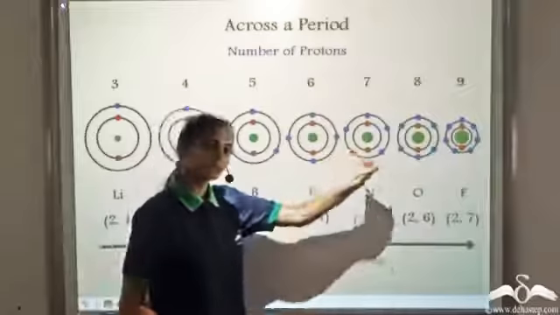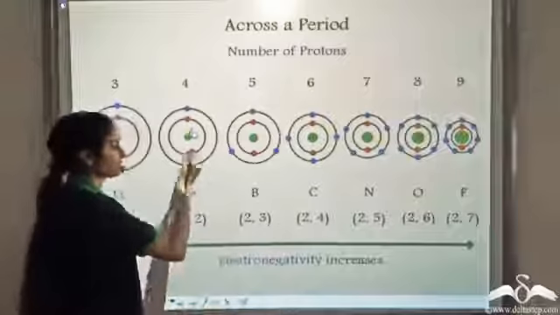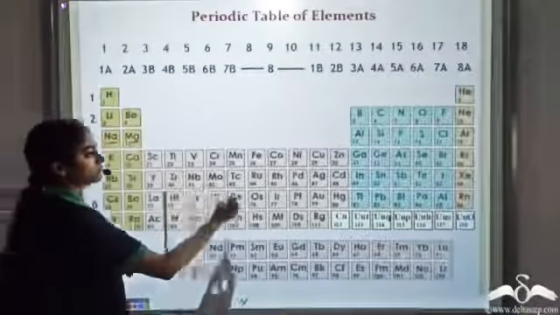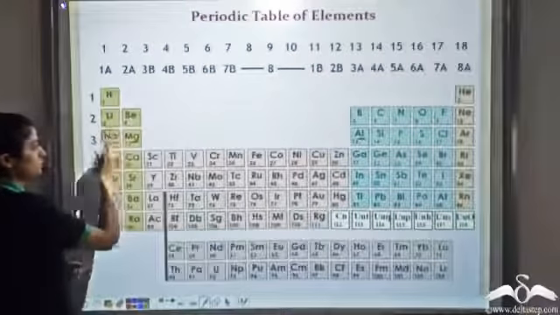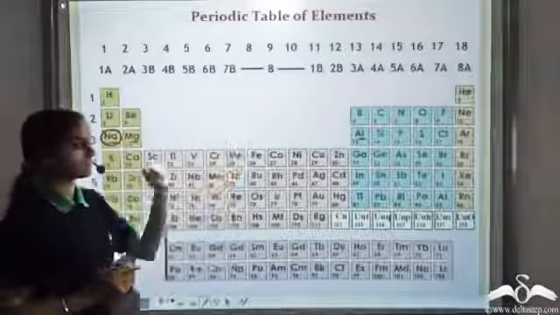The tendency to attract the shared pair of electrons increases, so the electronegativity increases. And so out of sodium, magnesium, and aluminium, the one with least electronegativity is sodium, because when we move from left to right, electronegativity increases.